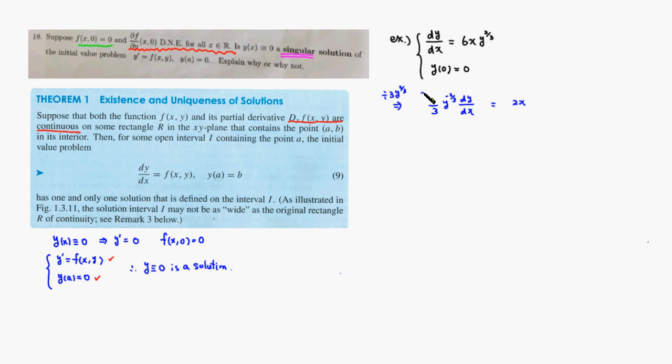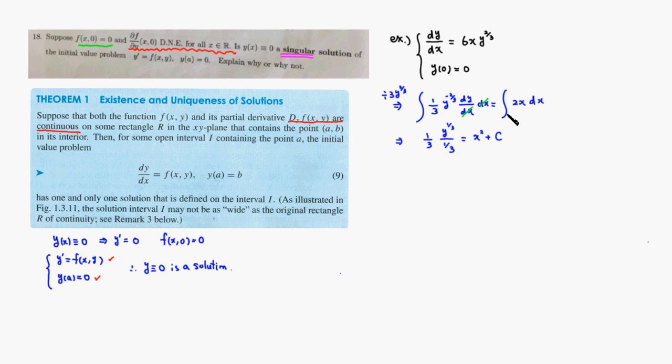Then we take the antiderivative of both sides with respect to x. Then we can cancel dx here and dx is gone. The antiderivative is going to be, 1/3 is sitting right there, add 1 to the power, so you have y to the 1/3 power, then divide by 1/3, is equal to the antiderivative of 2x, which would be x squared, plus some constant c, right?